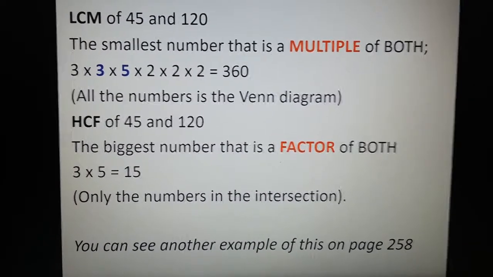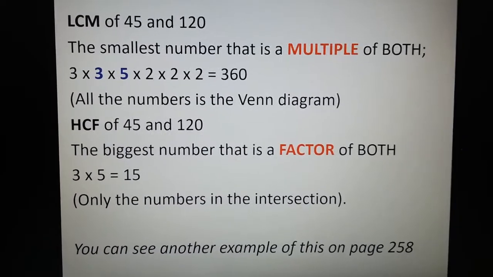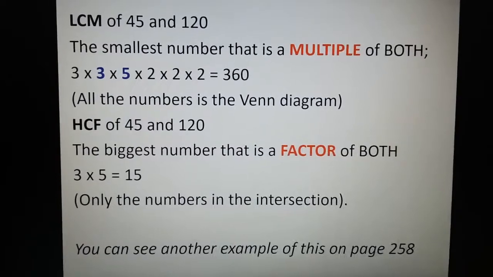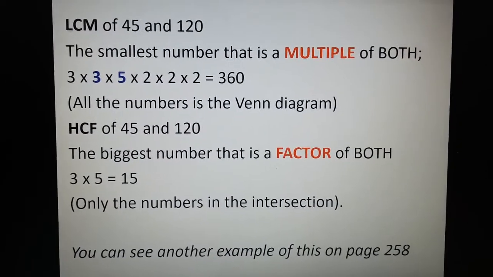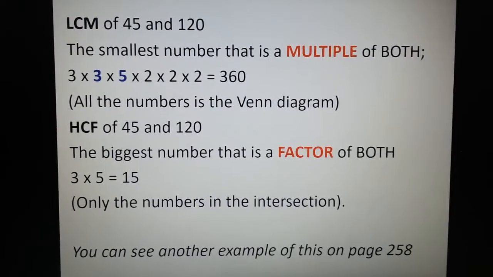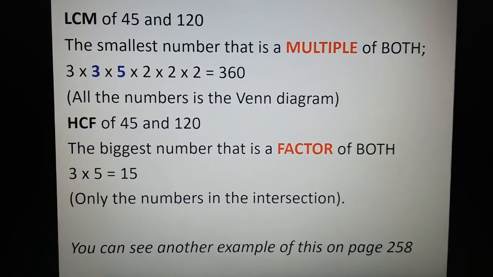If I used those common factors of 45 and 120 twice, I would obviously get 360 multiplied by 3 again, multiplied by 5 again. That would be much bigger, and it wouldn't have been the lowest common multiple of 45 and 120.